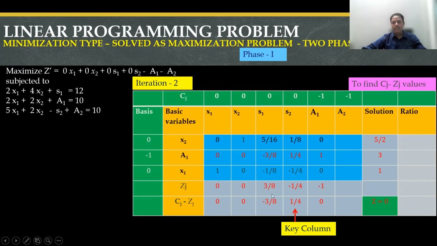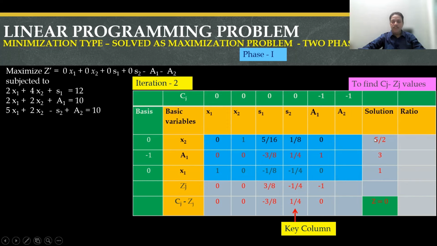So the only value that is positive is 1 by 4, which belongs to S2. So S2 becomes the key column and S2 will now enter the solution. Now we have to decide the leaving variable. How do you find that?